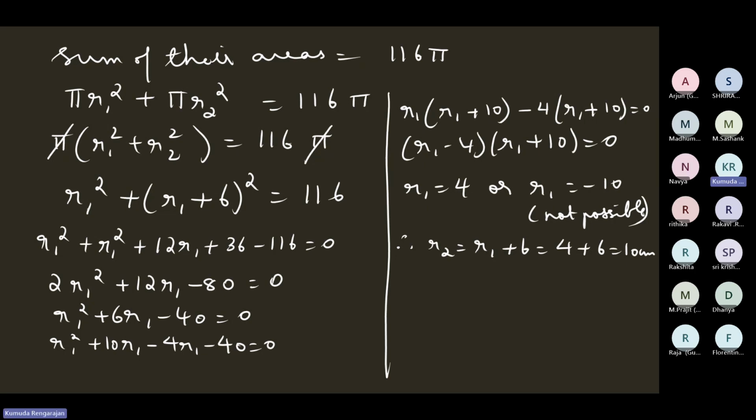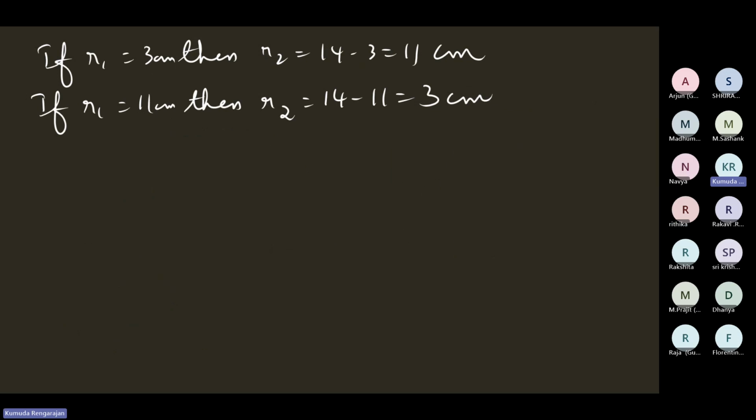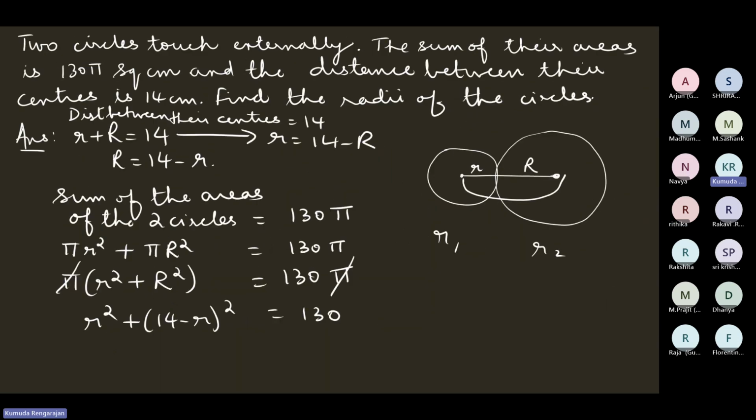So in both the questions, the sum of the areas is easy to construct: pi r1 square plus pi r2 square is equal to whatever sum of the areas is given to you. When the two circles touch externally, the distance between their centers is the sum of their radii, r1 plus r2.